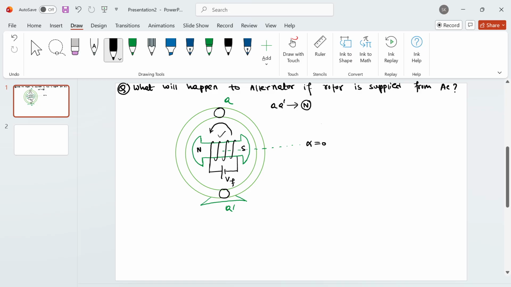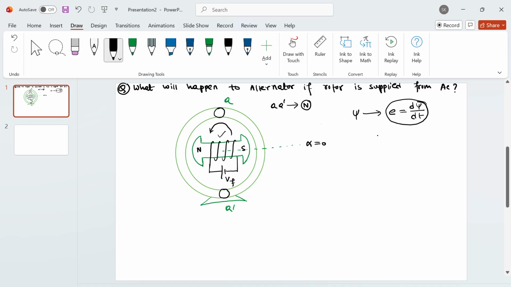You have to calculate the flux linkage first, because once you know it, you can calculate E = d psi by dt. This is the induced EMF in the AA dash coil.